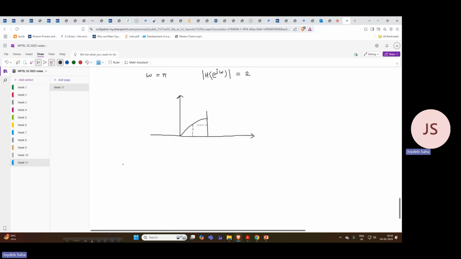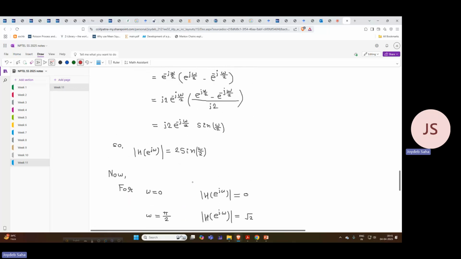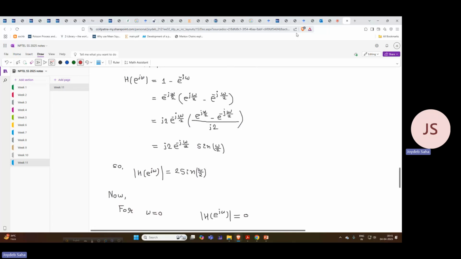So this is a high pass filter. Okay. So you people try to understand what we have done till now. Take 1 or 2 minutes.